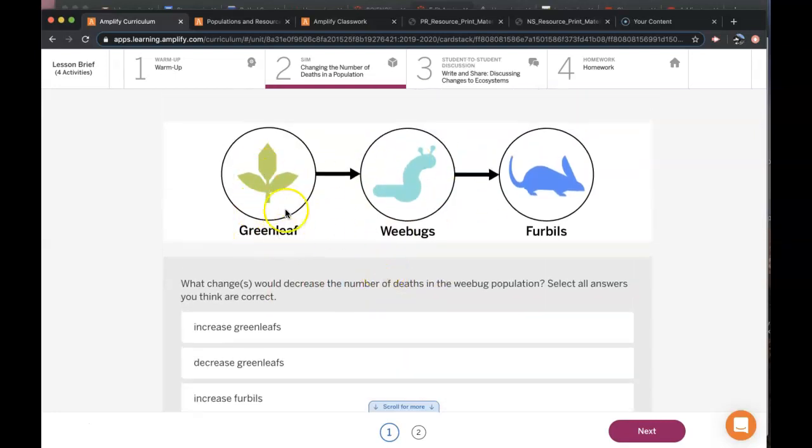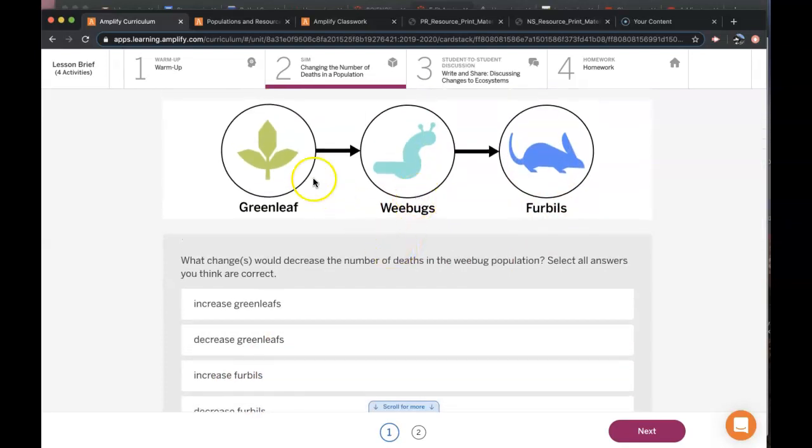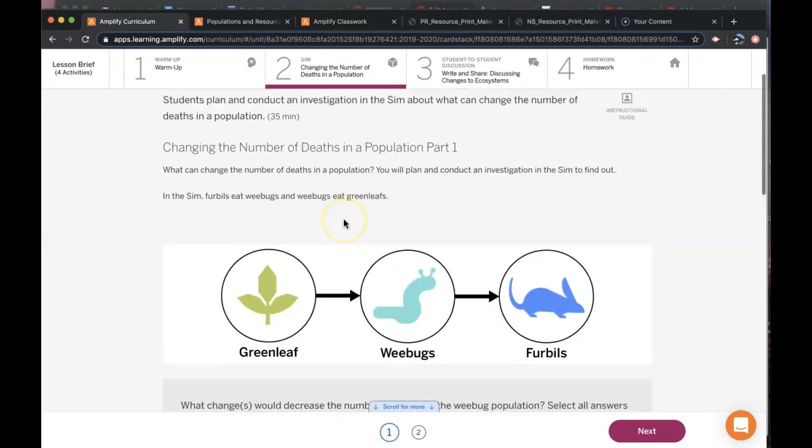If you change the green leaves, increase or decrease, would that change the number of deaths of the WeBugs? And if you increase or decrease the number of furbills, would that change the number of deaths? Anything you think would decrease the number of deaths, you will select here.